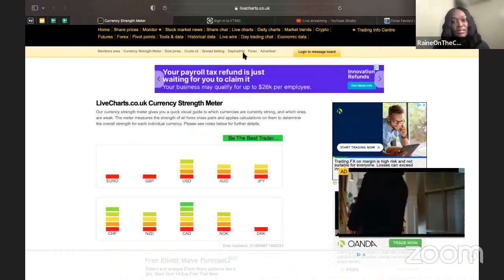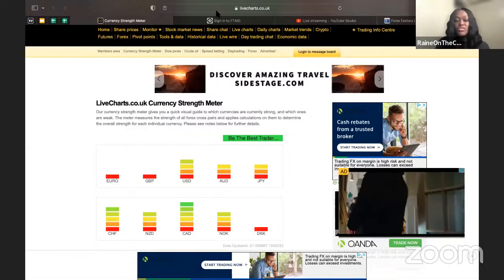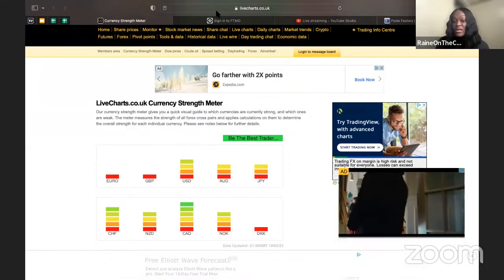Now, let me ask, when we have currency 1 weaker than currency 2, as is the case with Euro CAD, the base Euro is weaker than the quote, which is Canadian dollar, would I be looking for buys or sells in that scenario?